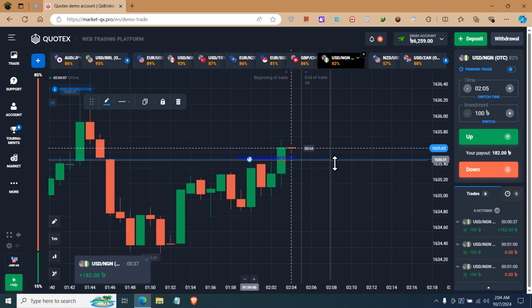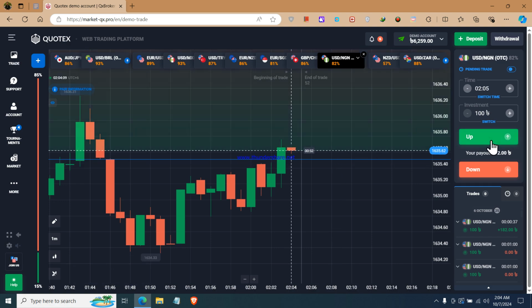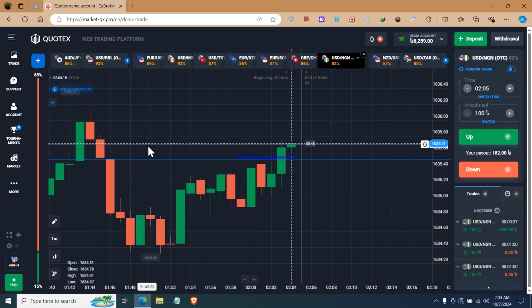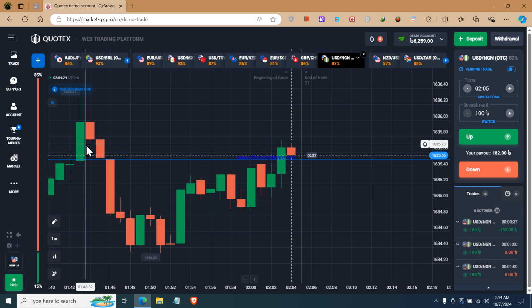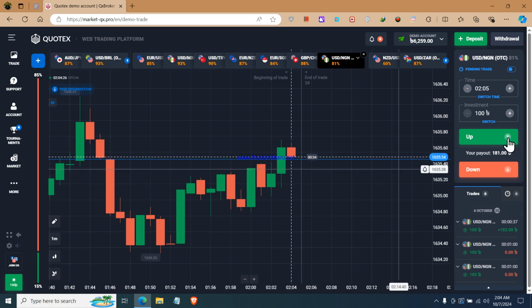If this candle comes below to this point, to this level, let's see if the sellers are strong here or not. Okay, sellers are entering from this key level, so I'm not really sure if I should trade on it.